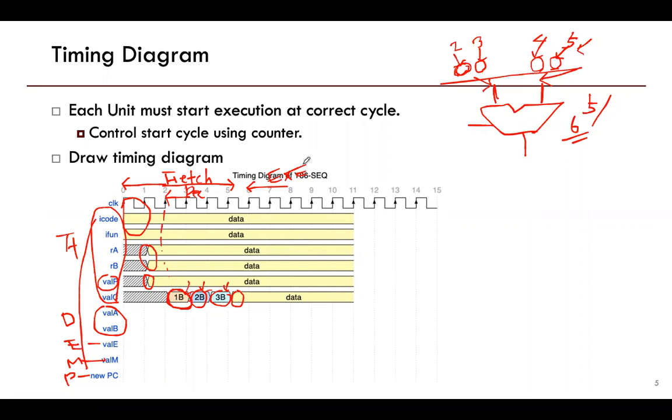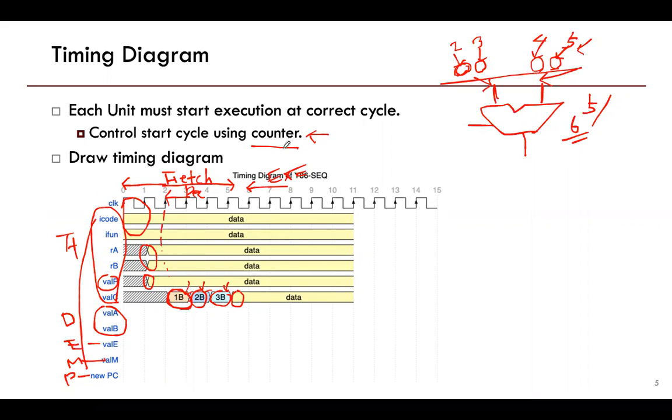Okay, I just gave you this timing diagram of my design up to the execution unit. Based on this understanding, you can draw your own timing diagram, and then you can control when to start each unit. Here I have a tip to implement that timing: you can simply use a counter. At a certain timing, you can enable all the control signals inside each unit.